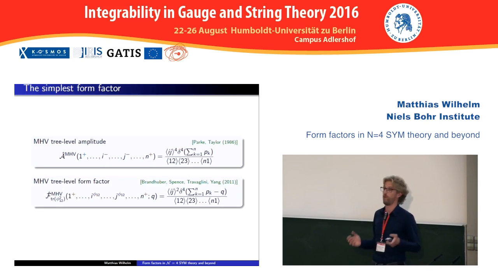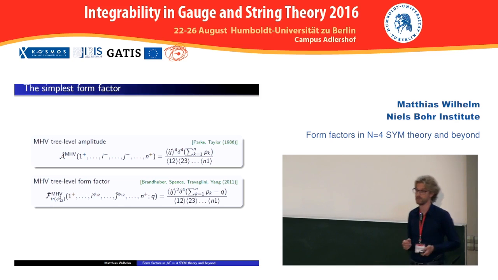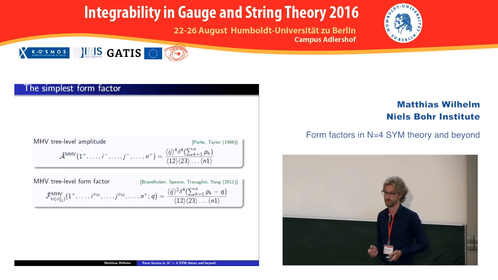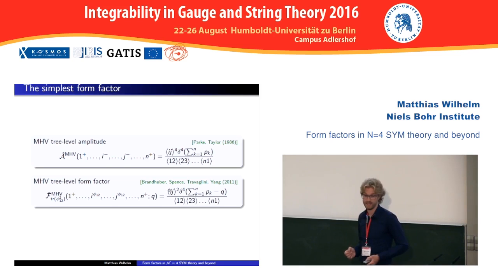The simplest form factor, MHV and tree level again, describes the decay of an operator trace of phi squared into 2 scalars at positions i and j and n minus 2 plus helicity gluons at all other positions. It looks almost identical to the Parke-Taylor formula.